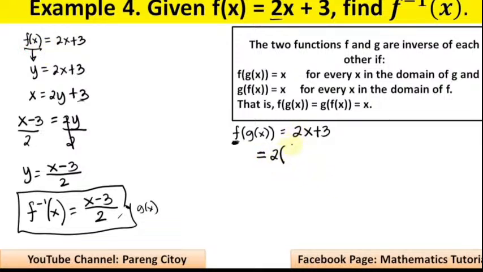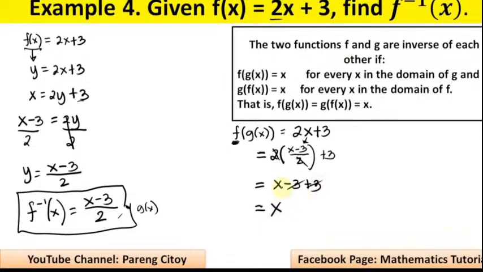So 2, ang x magiging value ng g of x, that is x minus 3 over 2, plus 3 equals, simplify, ito pwede ma-eliminate, so remaining value is x minus 3 plus 3. Then eliminate, so remaining value is x.